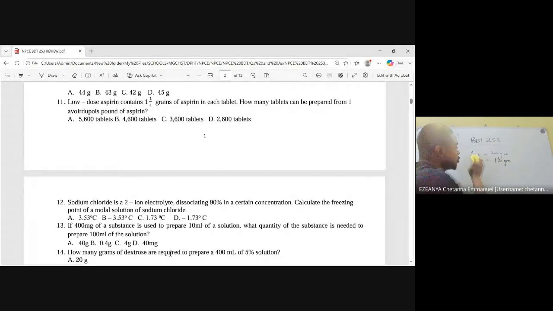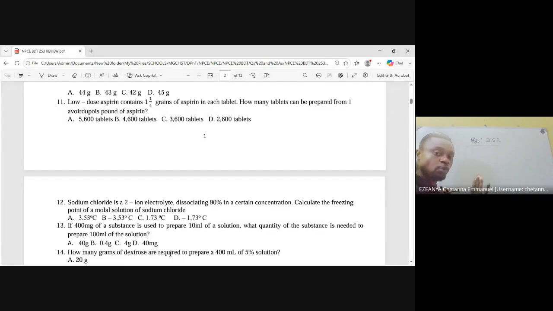Let me do it well. Is there anybody here that didn't understand what she said? Let me break it down properly. Now look up. The question says low dose aspirin contains 1 1/4 grains of aspirin in each tablet. So inside of one tablet, we have 1 1/4 grains of aspirin per tablet.